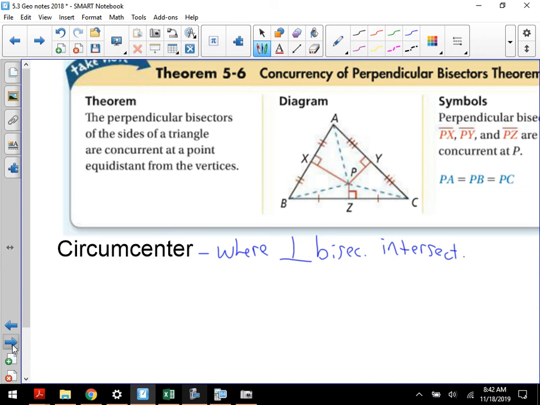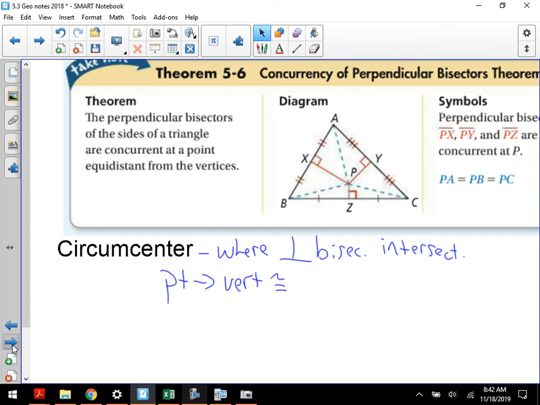What happens now with these perpendicular bisectors, within each one of these circumcenters, there's going to be some part that happens to be congruent. When you have this circumcenter, the place where the perpendicular bisectors intersect, the part that's congruent is from the point to vertex.